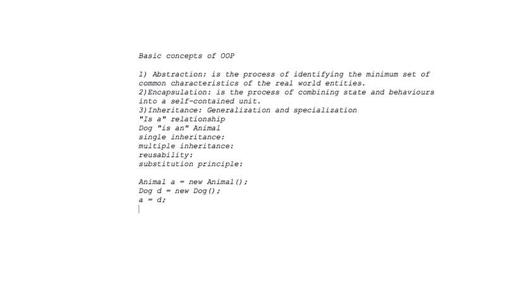A is the object from the base class. The base class is the animal class. We can assign the dog object, that is D, to this base object. This is called the substitution principle.